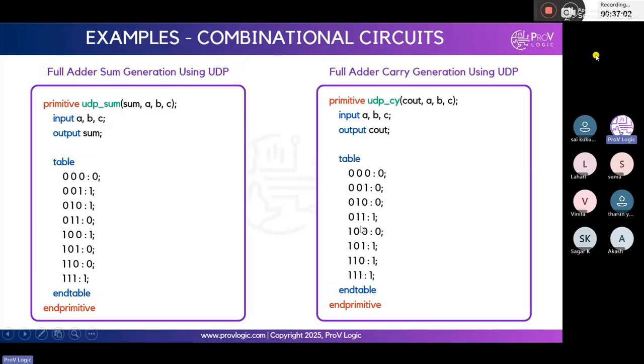Suppose, see here, these two cases are there: 0, 1, 0, 0 and 1, 0, 1. Suppose instead of these two cases, I put 1, 0, question mark, which may be equal to 0 or 1.